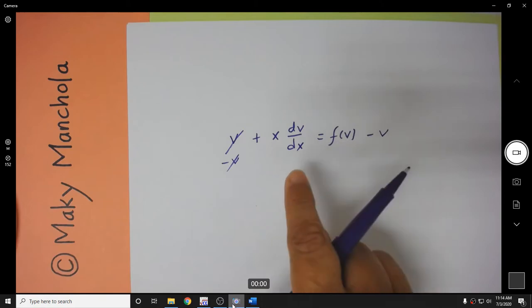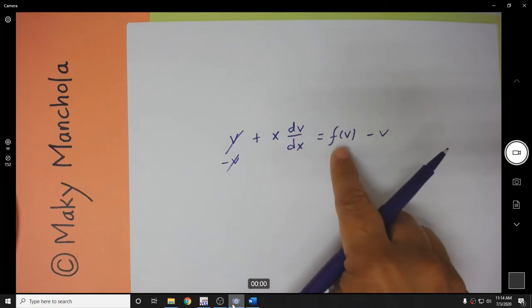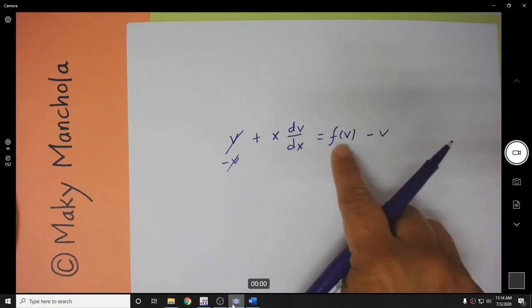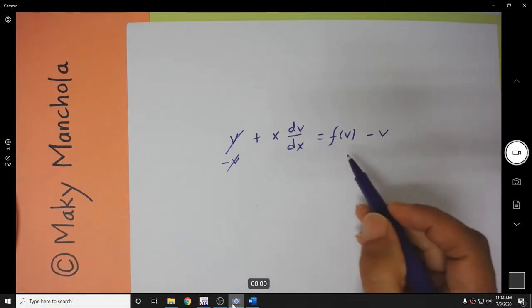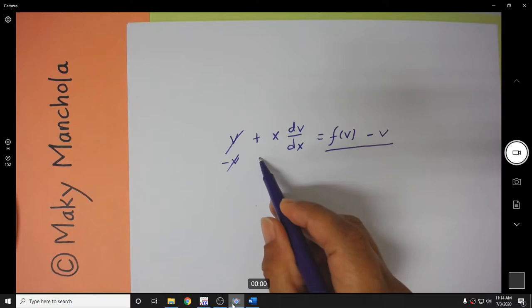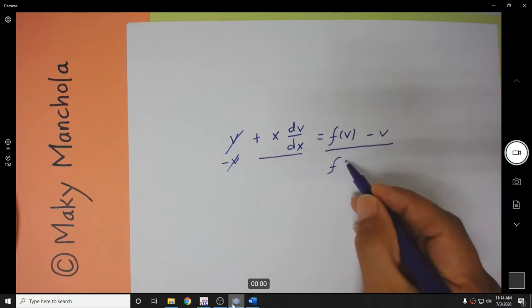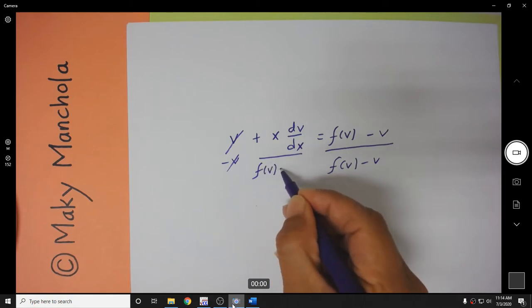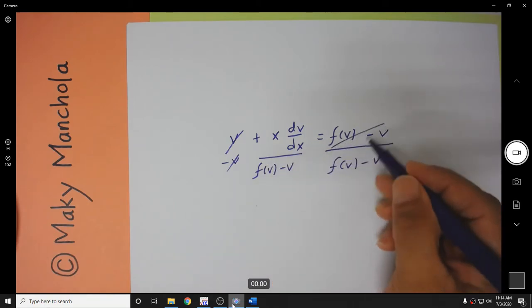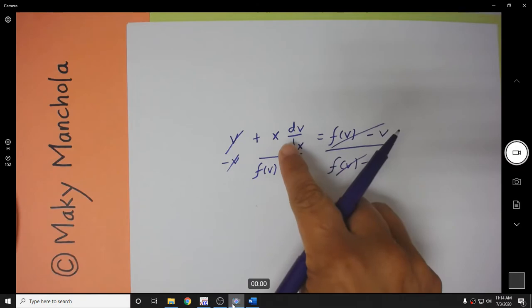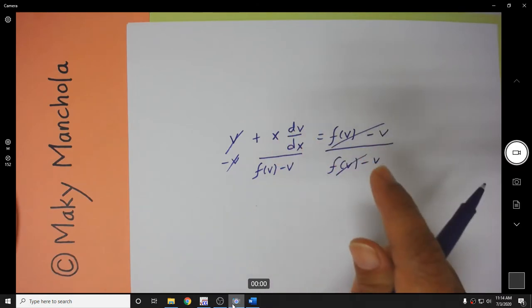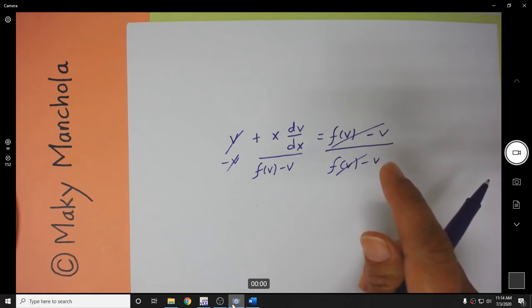So we end up with x dv dx equals f of v minus v. The separation consists of dividing both sides by f of v minus v, and at the same time by cross multiplying dx and dividing by x.